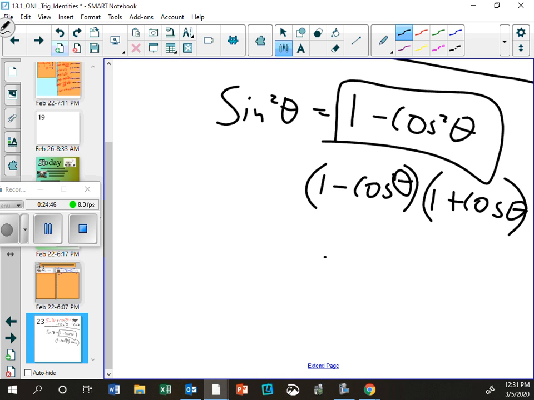Because if you can factor it, you should. So whenever you see this, you can also know you could break it up into these two pieces.